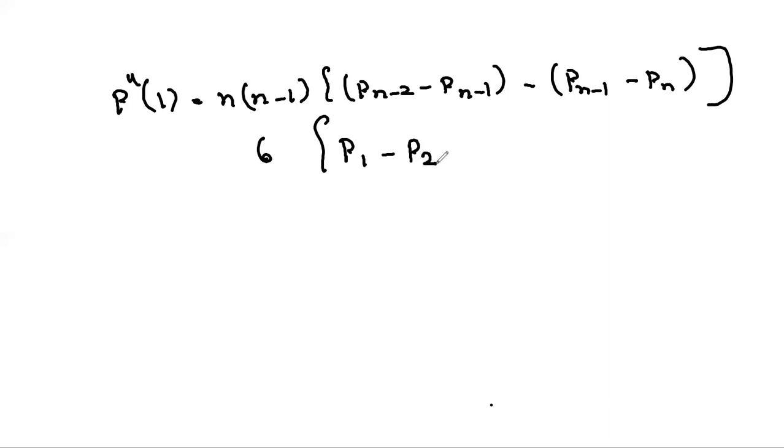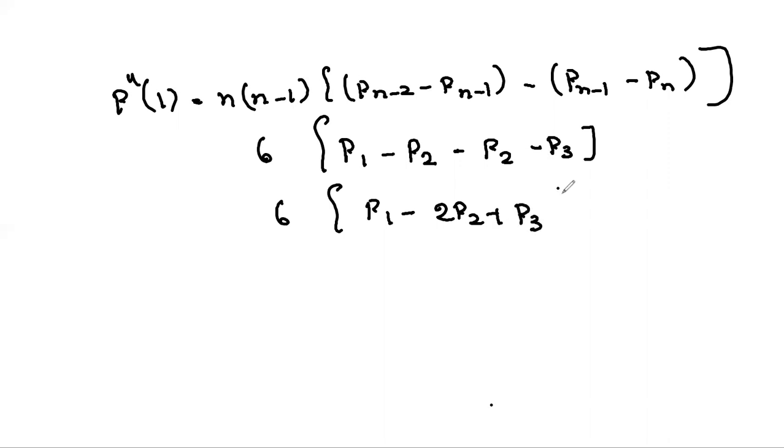If I remove the bracket, this becomes minus p2, and minus p3. So if I further readjust it, I'll get p1 minus 2p2, sorry, this minus into minus becomes plus, so this becomes p3. So that is what we have written previously. This is the double derivative or the parametric second derivative.